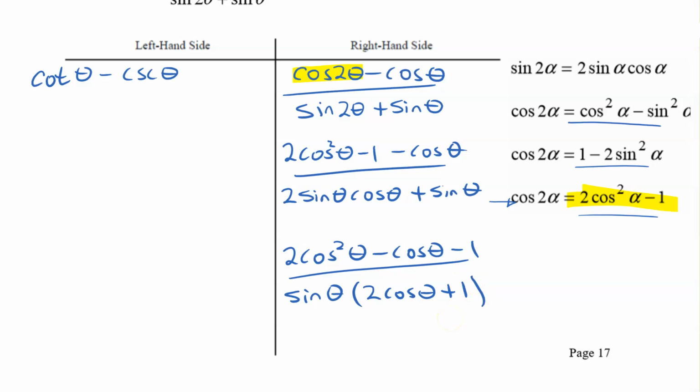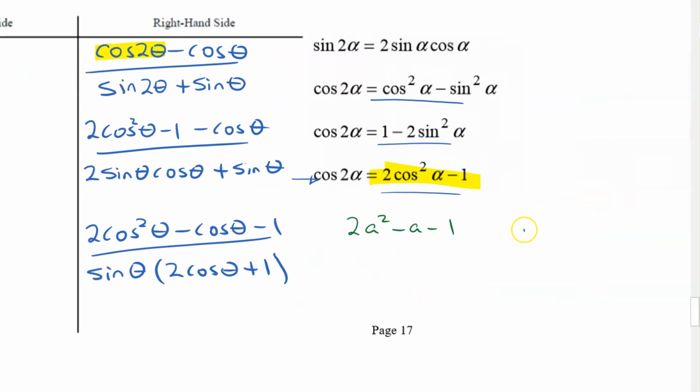And now sometimes it helps to work on the side here. I'm going to think of this as 2a squared minus a minus 1. So this is kind of off to the side on my rough paper. I'm thinking, all right, I need 2 numbers that multiply out to -2 and add up to -1. So I think that -2 and +1 will work.